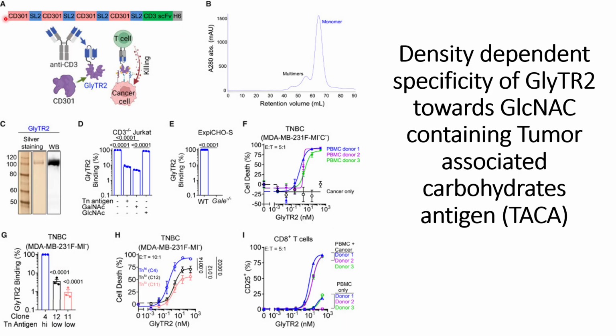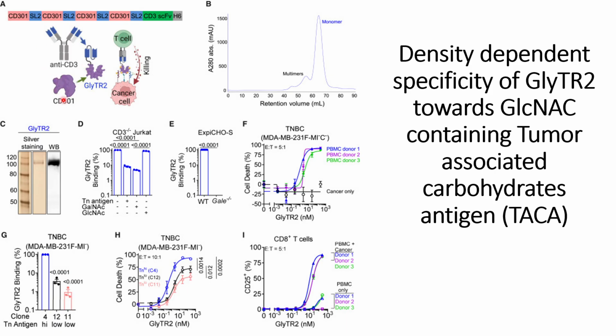And this is what their optimized structure looks like. In this case, they use a stiff linker, and they also use the CD3 antigen single chain variable fragment and this his-tag and this CD301, which is attached via a stiff linker.